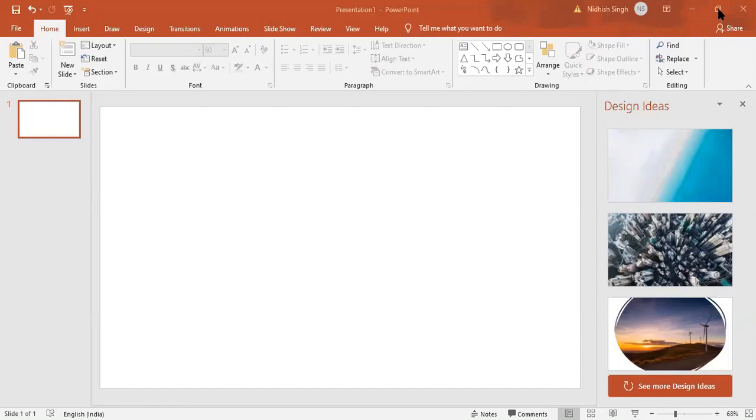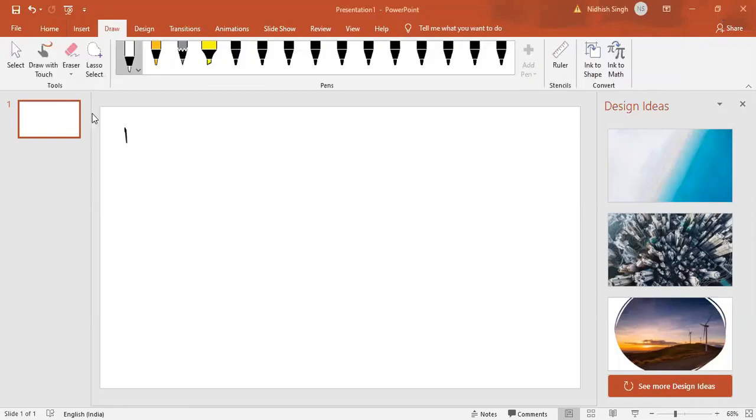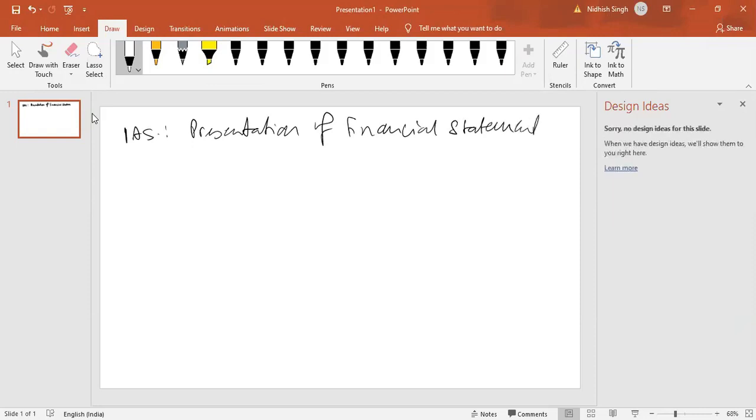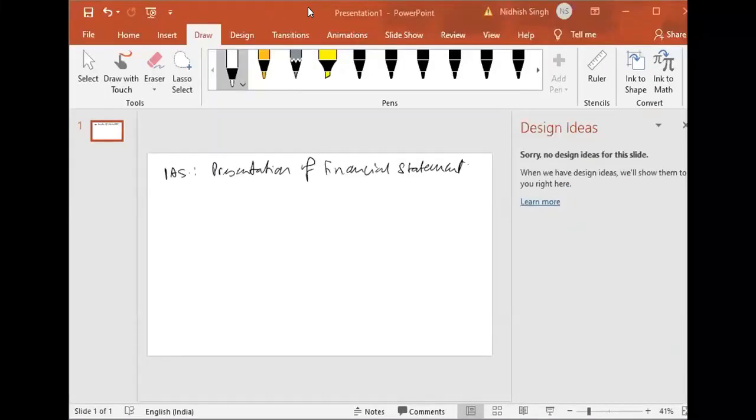As you can guess, this standard in entirety, presentation of financial statement, deals with how to present the financial statement under the IASC or IFRS framework.